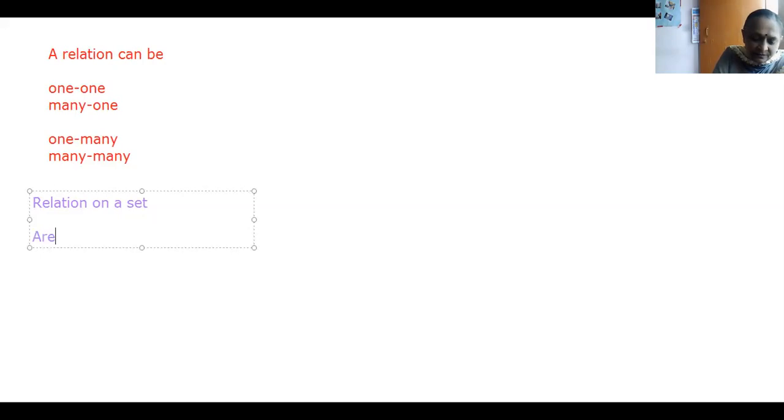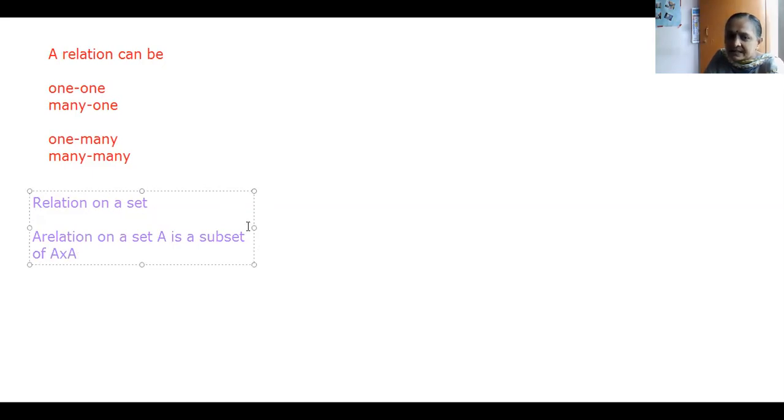A relation on a set capital A, please take it down, is a subset of A cross A. A relation on set A is a subset of A cross A. I feel you are getting me.